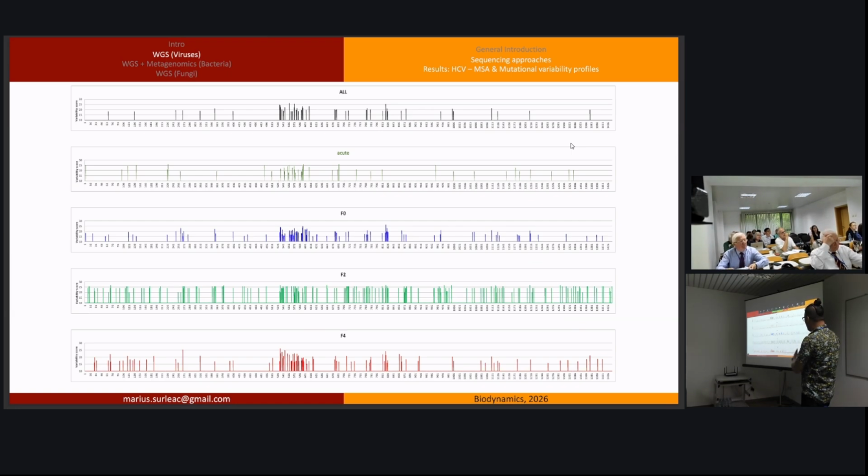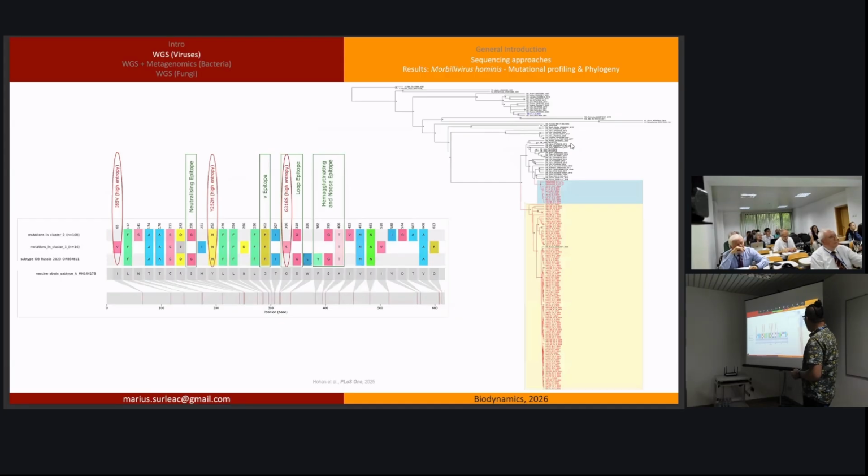And this is important to look at because of the fibrosis cases for the patients that we have the samples isolated from. These mutations are also important to see how the infection occurred and what are the events for the infection.